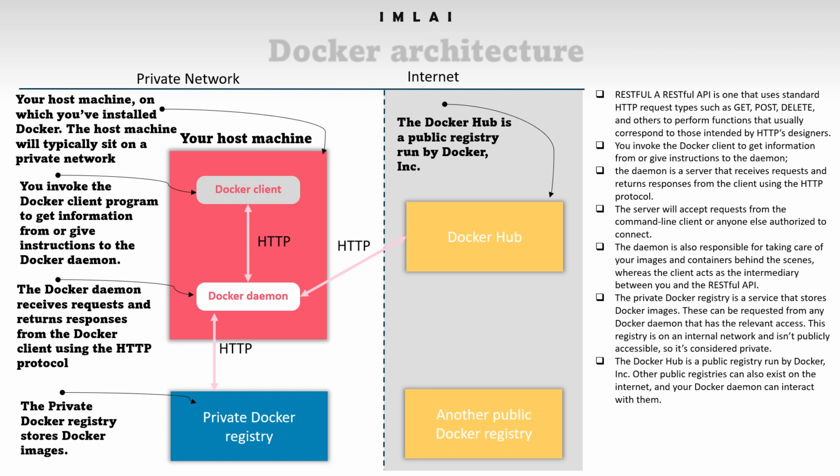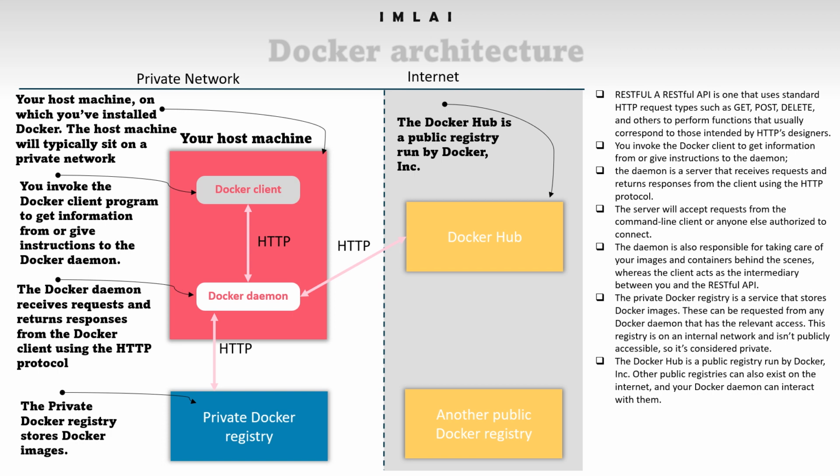The private Docker registry is a service that stores Docker images. These can be requested from any Docker daemon that has the relevant access. This registry is on an internal network and isn't publicly accessible, so it's considered private. Your host machine will typically sit on a private network, so the Docker daemon will call out to the internet to retrieve images from the Docker Hub if requested.